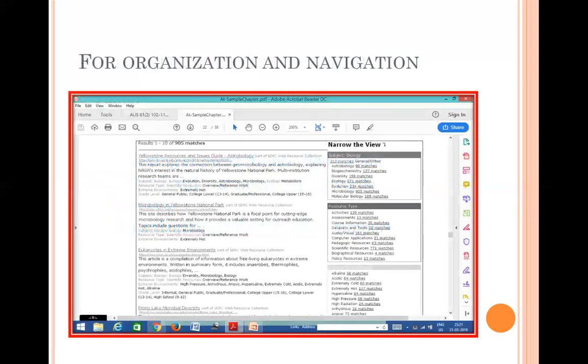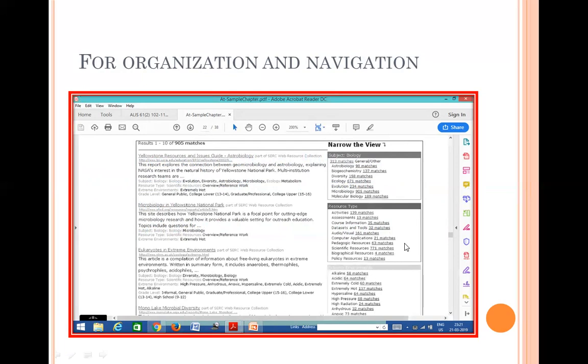See, here is one example of organizational navigation. For example, when you search for a particular keyword, now some results are available. At the same time, the results are organized, for example, from the point of view of the subject botany, in terms of resource type, and in terms of extreme environments.